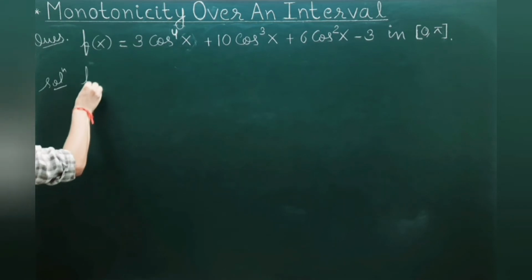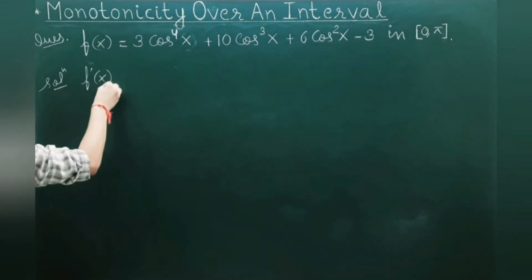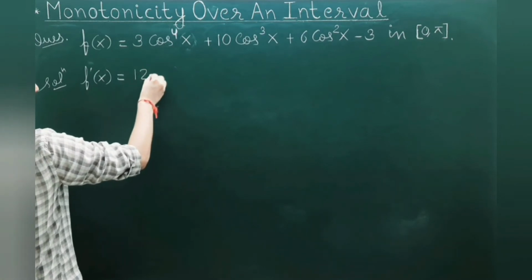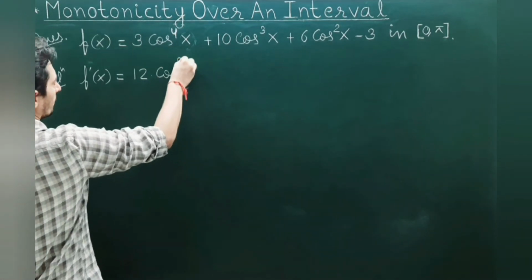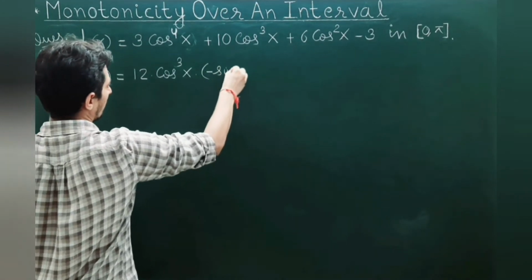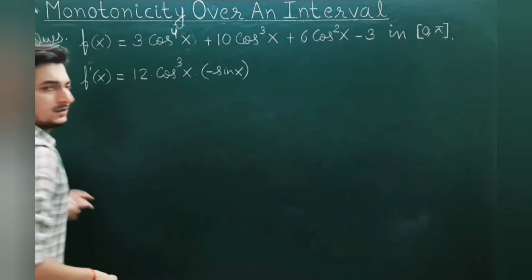f dash x, here it is 4 times 3, that is 12 cos cube x, and the cos derivative gives a minus sign, chain rule.